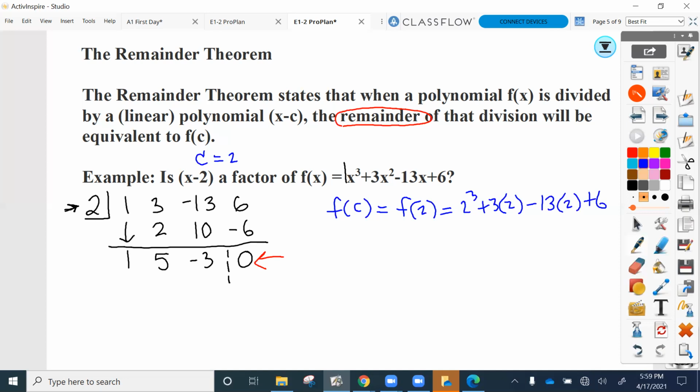And guess what that's equal to? It does equal 0. Okay, so the remainder of the division is equivalent to whatever f of c is, and it certainly is, right?